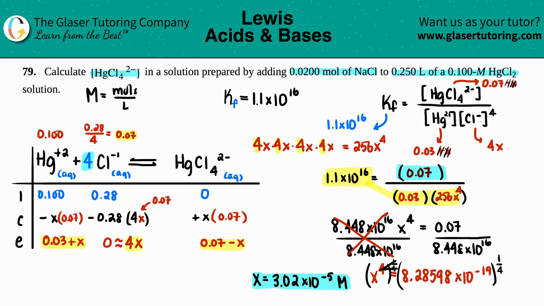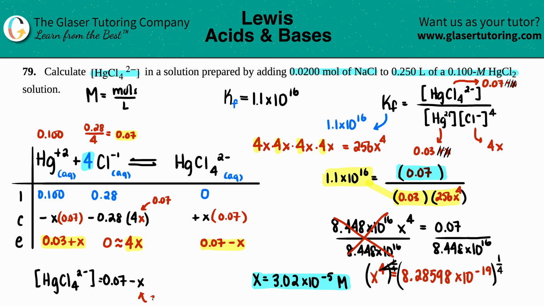So they wanted to know, what was that HgCl4 2- concentration? Well, remember, if we didn't assume the Hg, and maybe I'll put it over here, that HgCl4 2- concentration was 0.07 minus x, and the x value was what we just found.